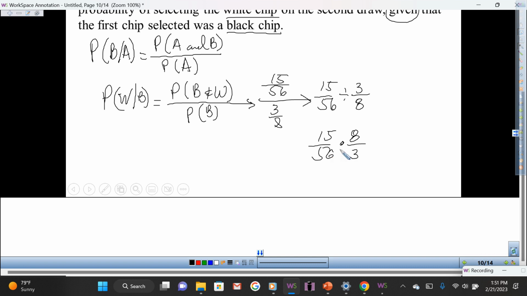Who remembers how to simplify before multiply? Okay, so 15 and 3 become 5 and 1. How about 56 and 8? Seven and 1. So this is 5/7.